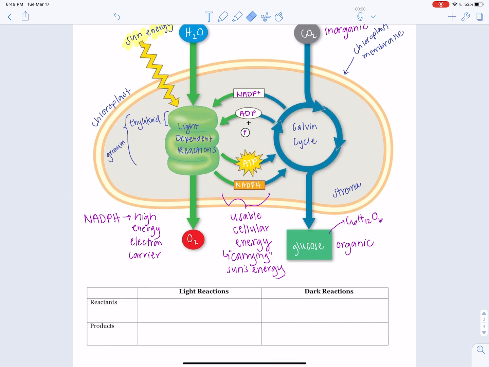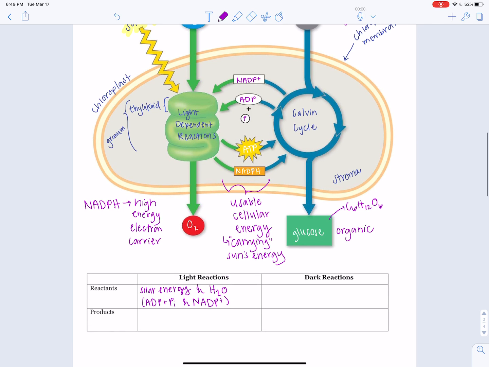So for the light reactions, our reactants will definitely be solar energy and water. You could also maybe say that ADP and phosphate and NADP plus are reactants, because they're going to pick up the sun's energy and take it over to the Calvin cycle in a way that the chloroplast can use.